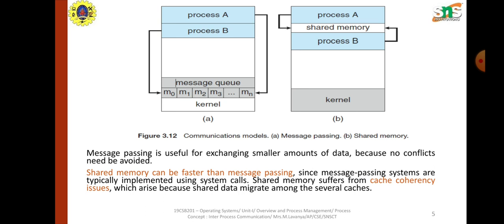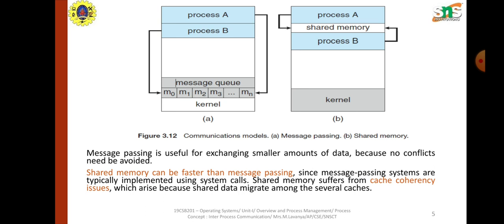This is the message passing process, so it will take some time. But in shared memory, a process can directly go to the memory and access the data. It doesn't need to request data from another process, and there is no need to send the data, so time can be saved. That is why shared memory is said to be comparatively faster than message passing.